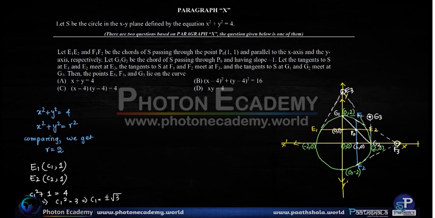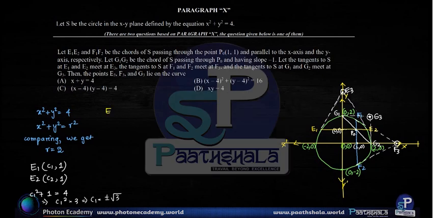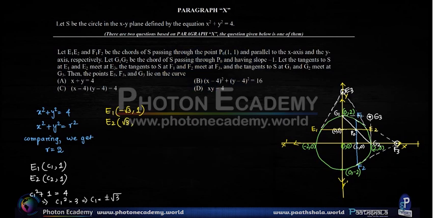As we have drawn in this picture, C1 is negative and C2 is positive. So, we found E1 as minus root 3 comma 1 and E2 as root 3 comma 1.